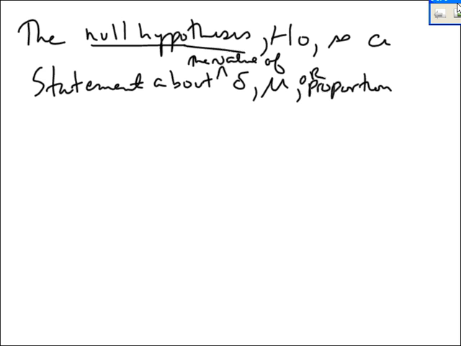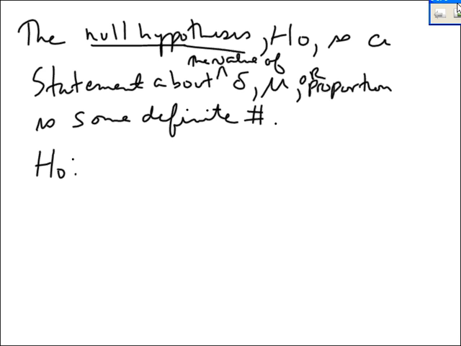The value is some definite number. That is, the null hypothesis might be that mu is equal to 7.2. Or it might be that the standard deviation sigma is 3.81.